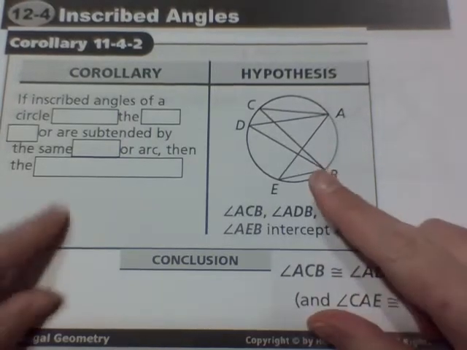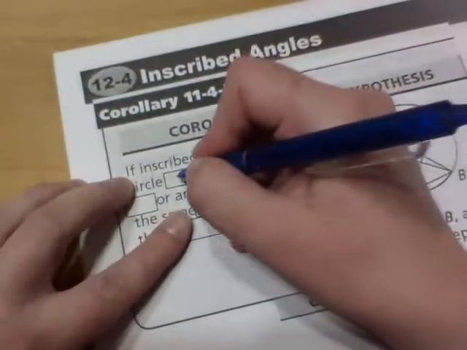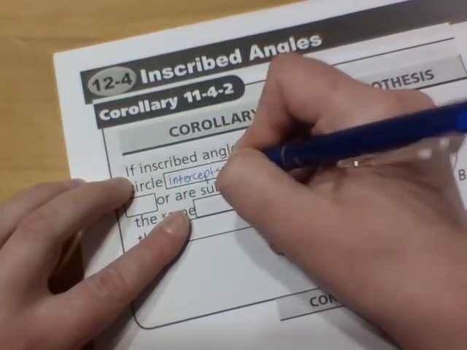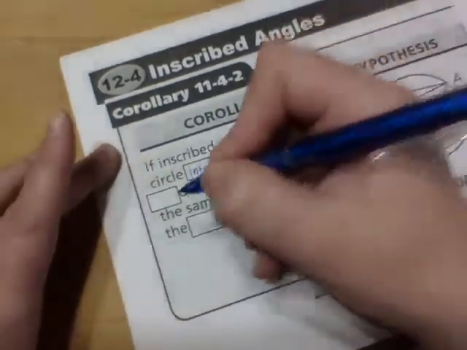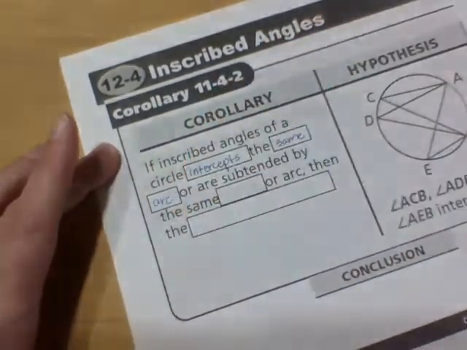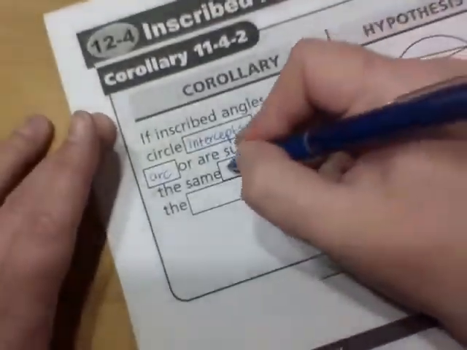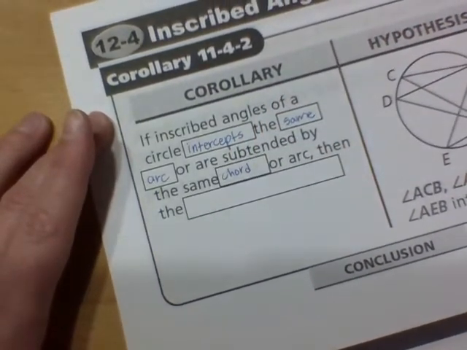The idea is that if an inscribed angle of a circle intercepts the same arc or is subtended by the same chord or arc, then the angles are congruent.